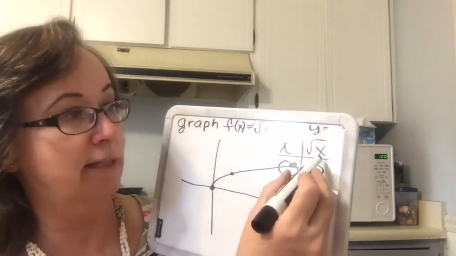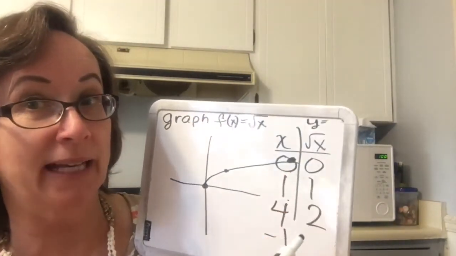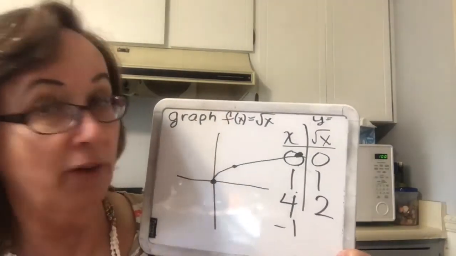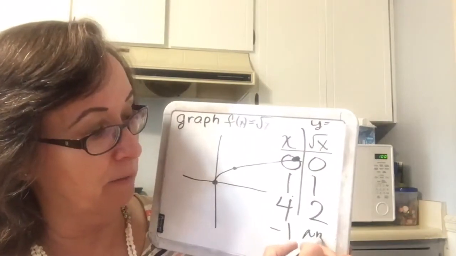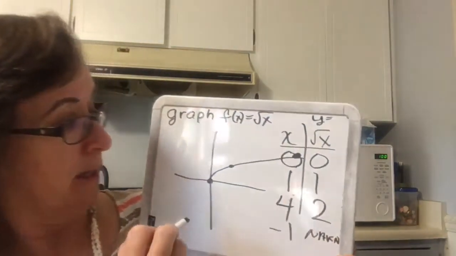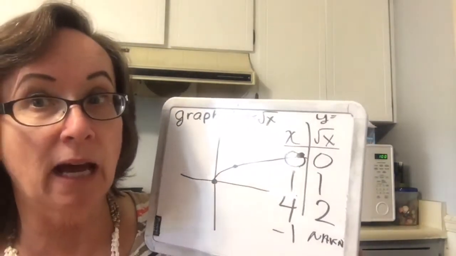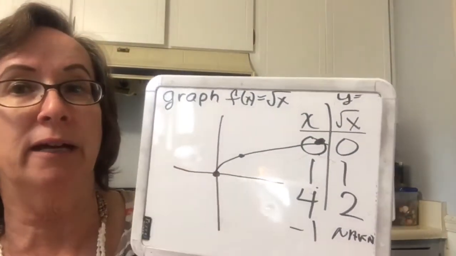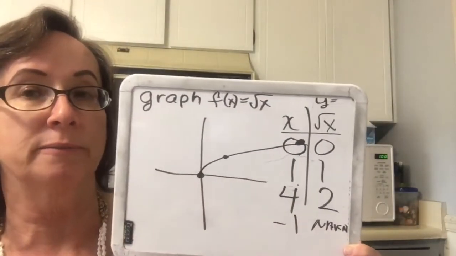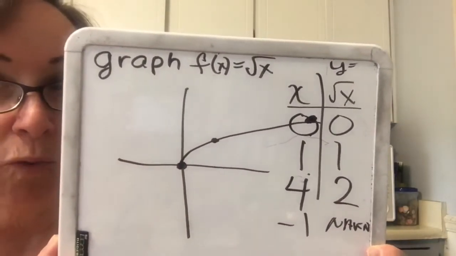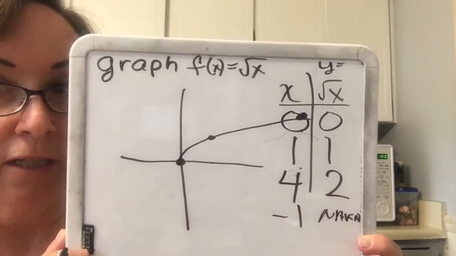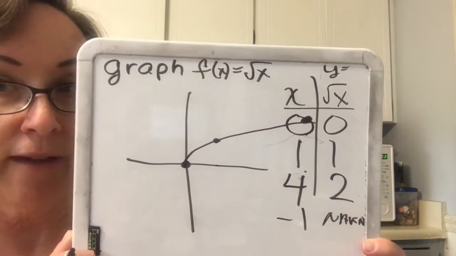And negative 1 is going to make a negative underneath the radicand, underneath the radical, and that's not a real number. If I plug in a negative 2, it's not a real number. So all the way over here, it is not a real number. Therefore, my graph of my square root just goes off in one direction. And there is your graph.